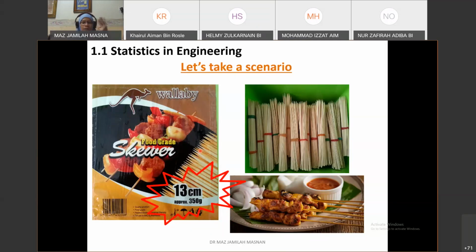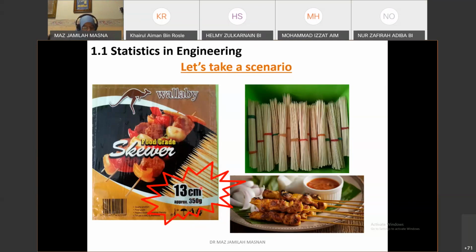I have three packages of skewers. I assigned three groups of students, and each group will have one package of skewers that I bought. Now, let us see. Look at this particular star here. I put a star for 13 cm. What is 13 cm? Can you guess? The length of the stick.